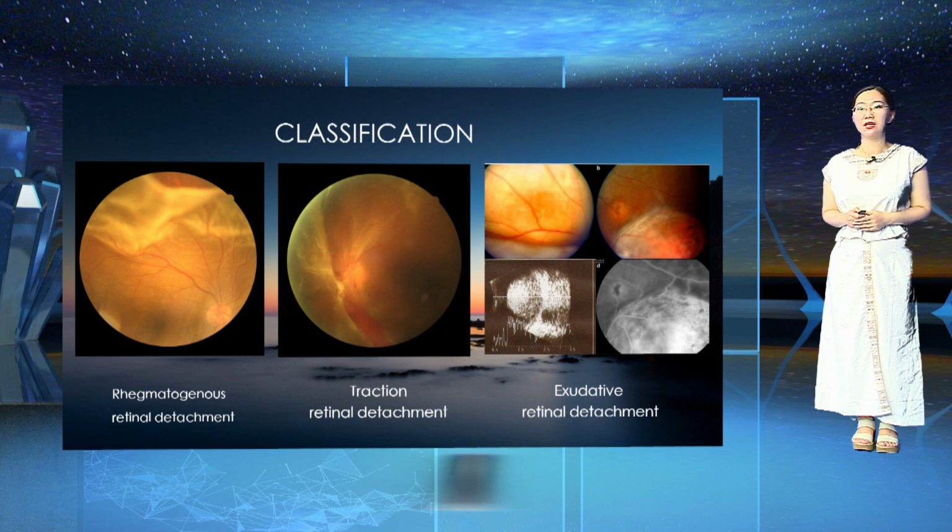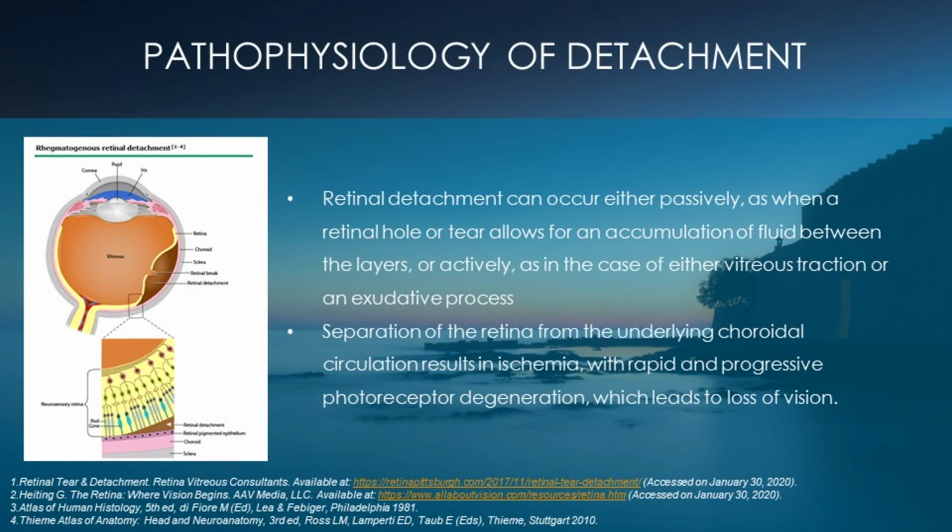Separation of the retina from the underlying choroidal circulation results in ischemia, with rapid and progressive photoreceptor degeneration, which leads to loss of vision.